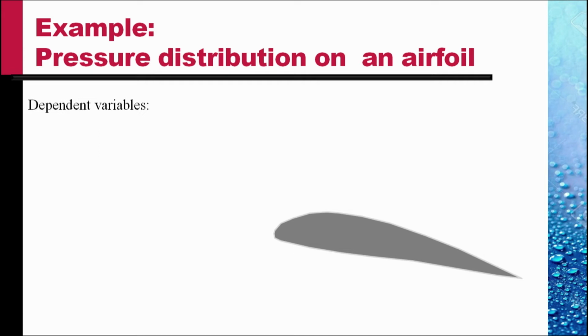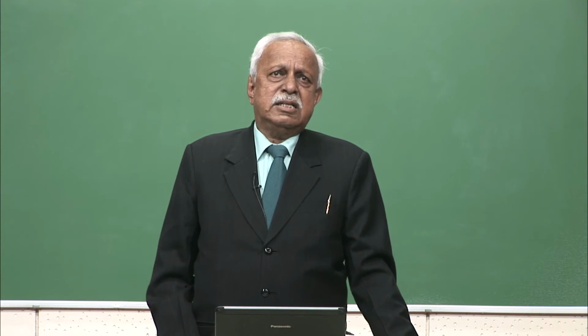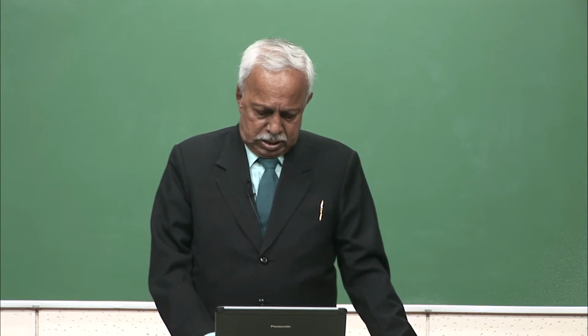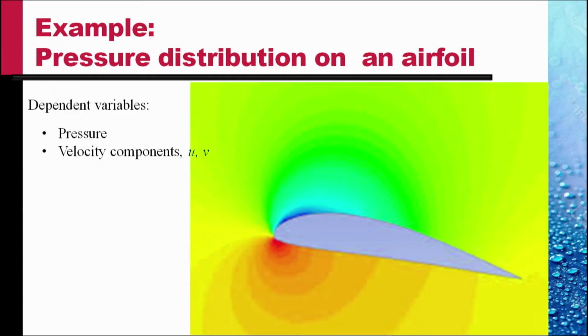Dependent variables. Dependent variables are the results, variables which are the results. The velocity vector V and its components u, v and w are all dependent variables.